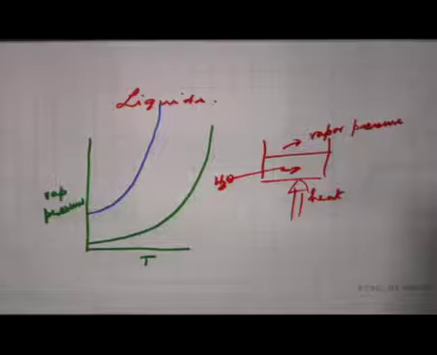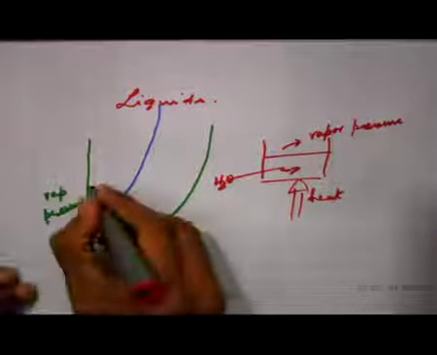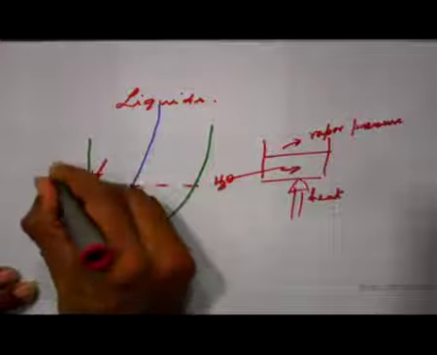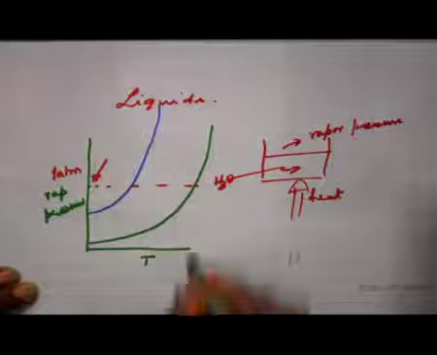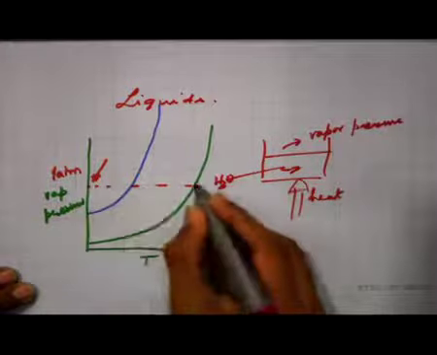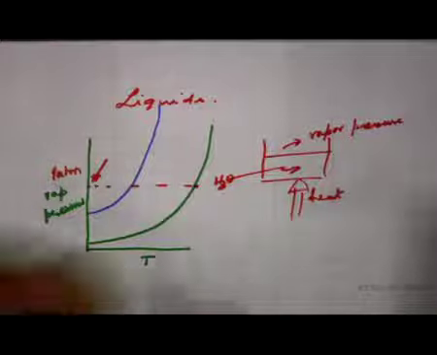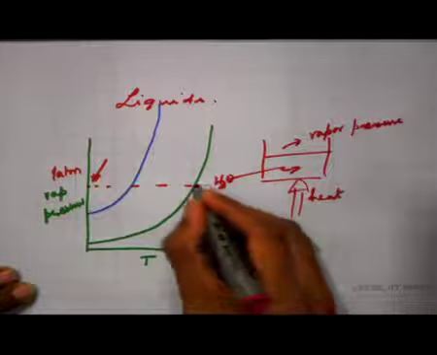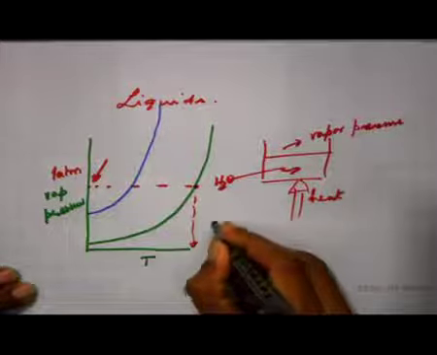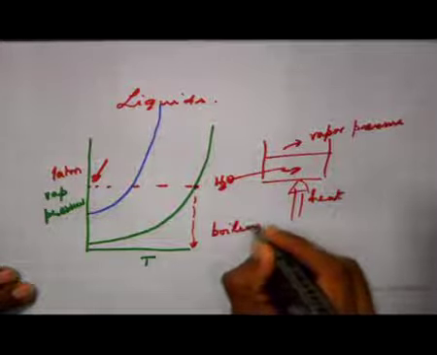So, let us say this is 1 atm pressure, imagine. At 1 atm pressure, when the vapor pressure equals 1 atmosphere, at this particular point, this temperature is called the normal boiling point.